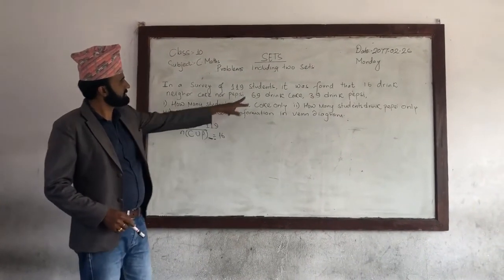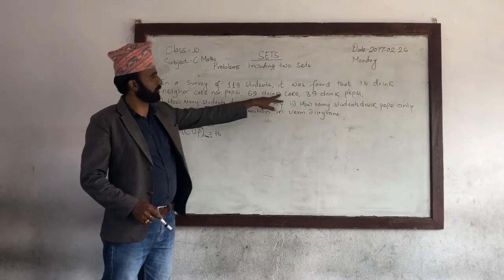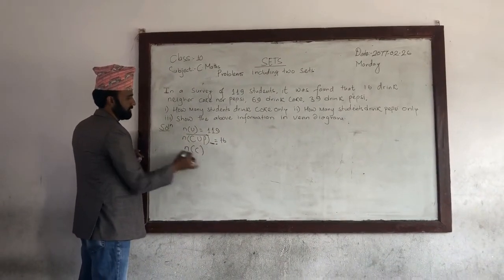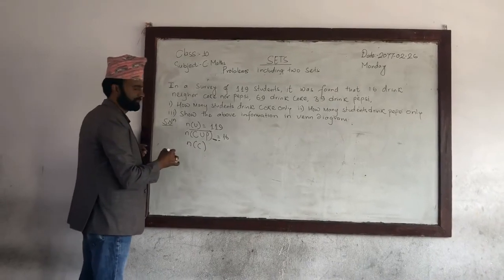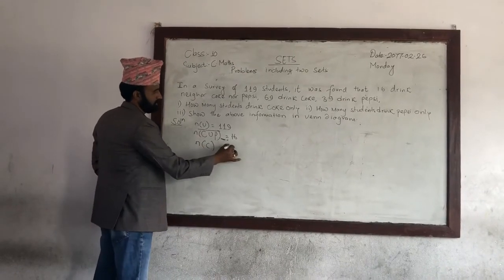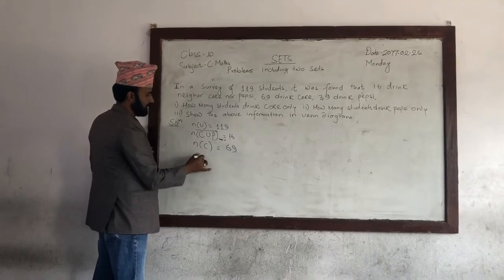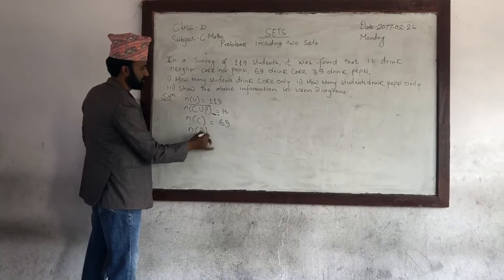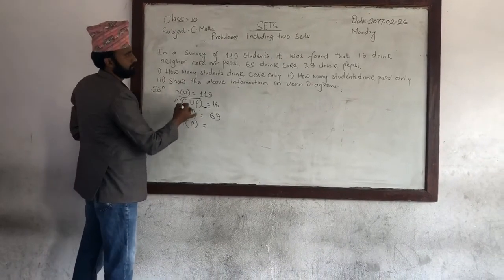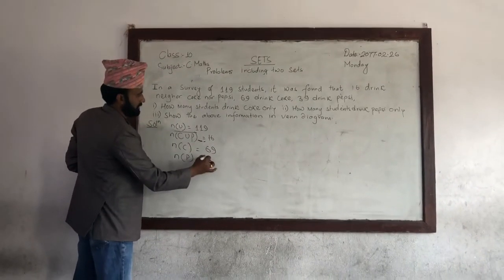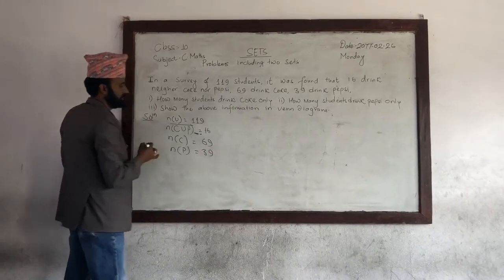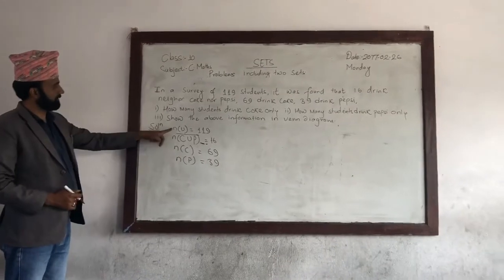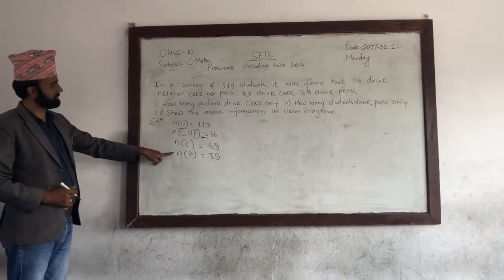And 69 drink Coke, so n of C equals 69, and n of P equals 39 like to drink Pepsi. Okay, we have this information.